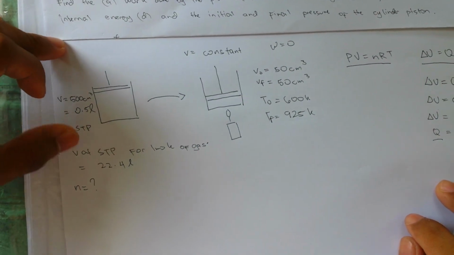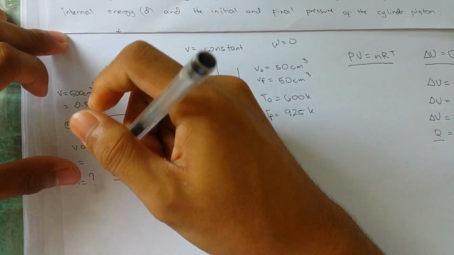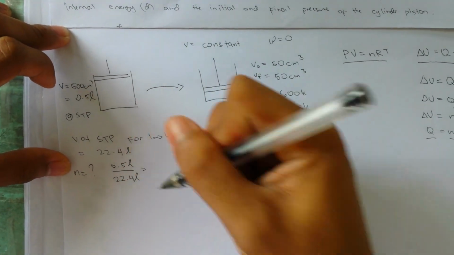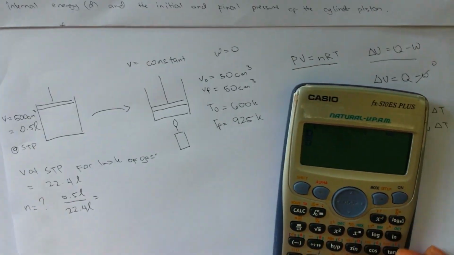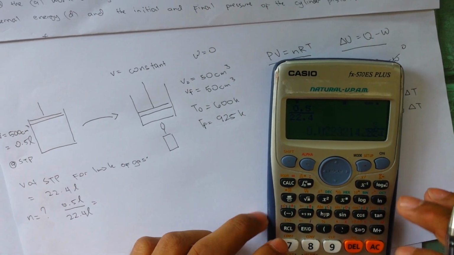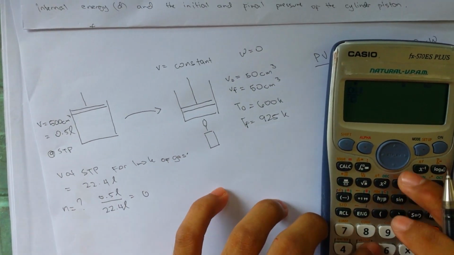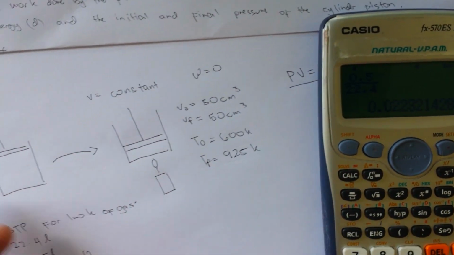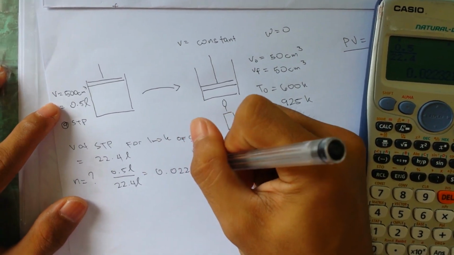We're asked to find the mole of the gas inside. So we're gonna solve this fraction: 0.5 liters divided by 22.4 liters. We're gonna use our calculator. 0.5 divided by 22.4 is equal to 0.0223.